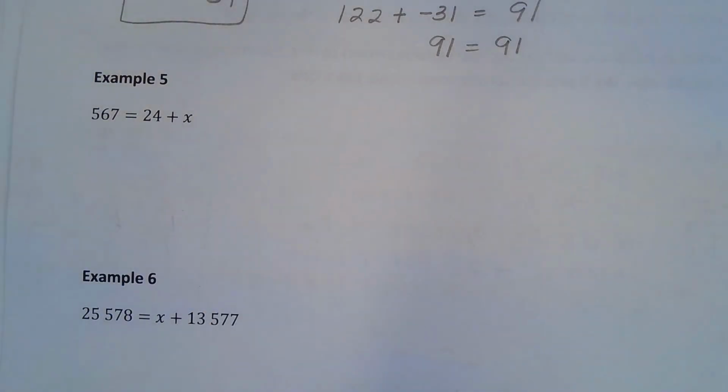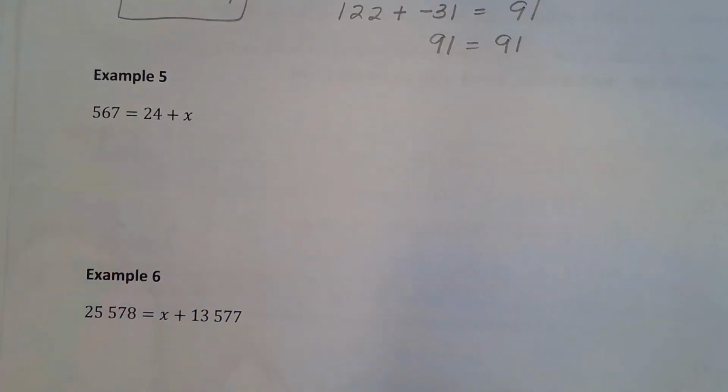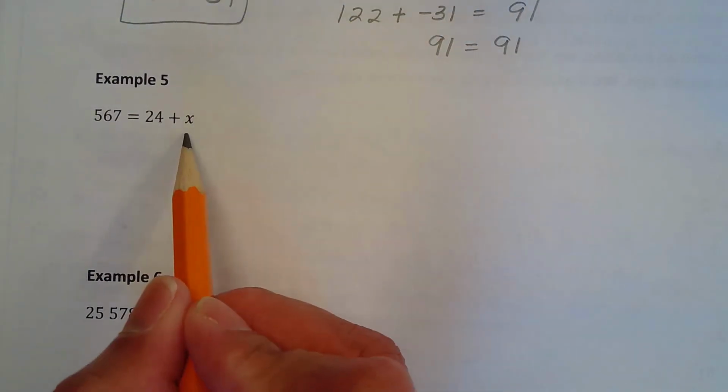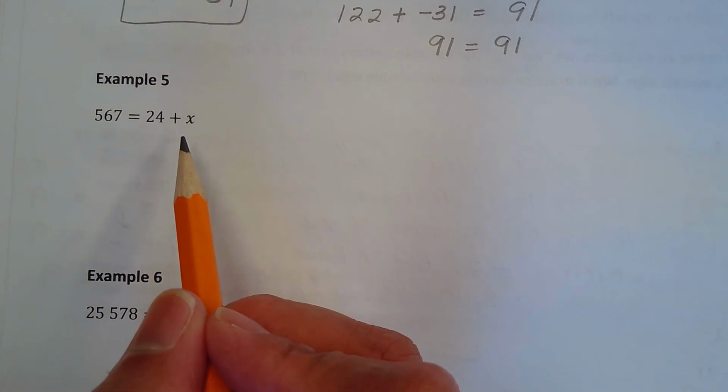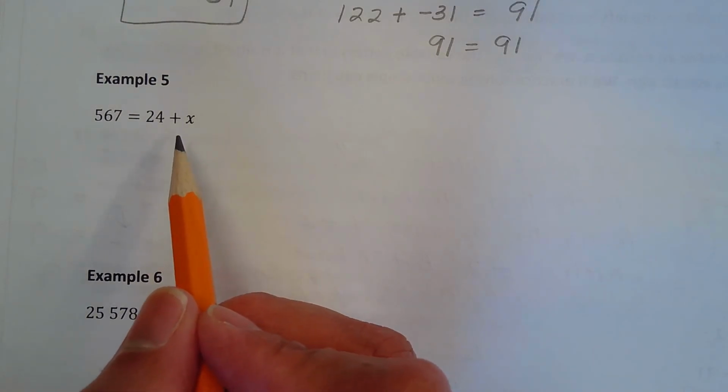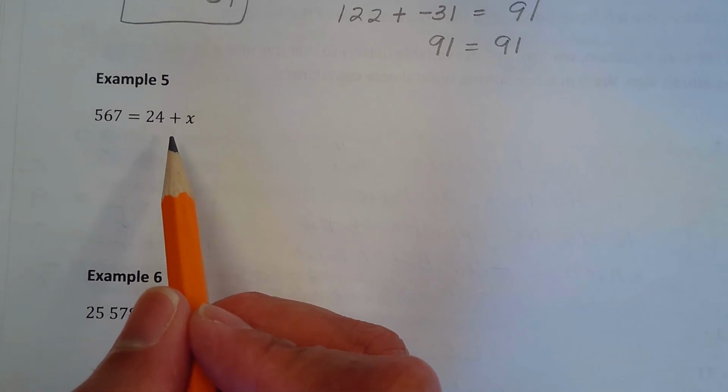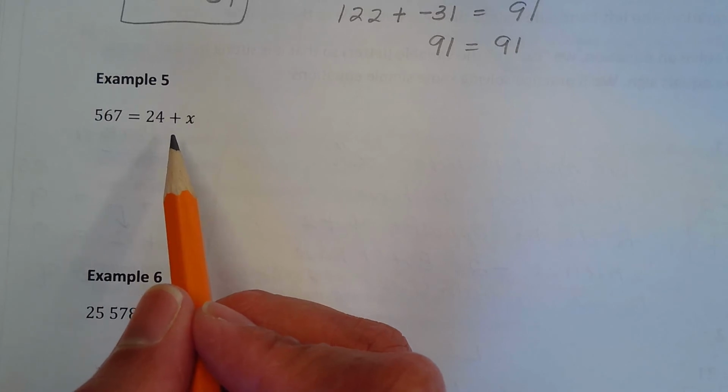Okay, let's do the last two and then I think we're okay. Example 5. What are we gonna do here? Isolate. Minus 24.